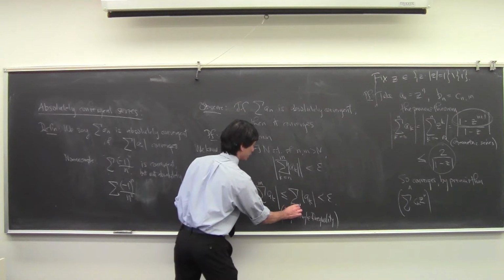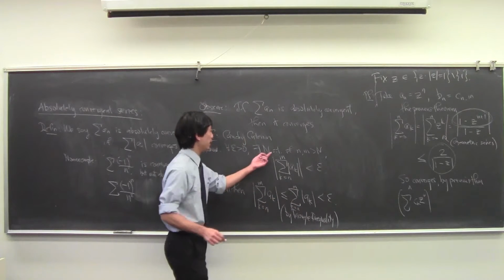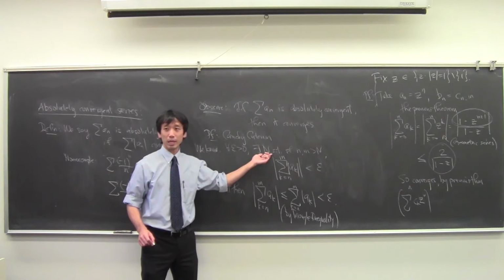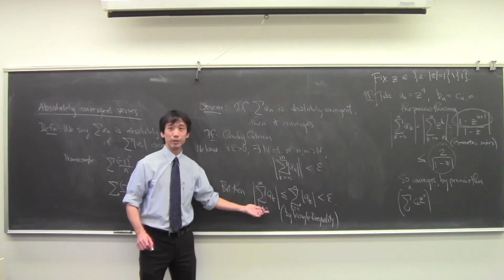So the n that worked for the absolute value series works for the original series.